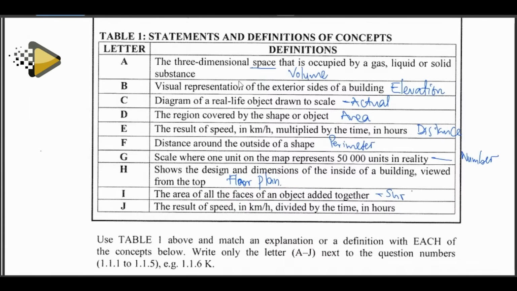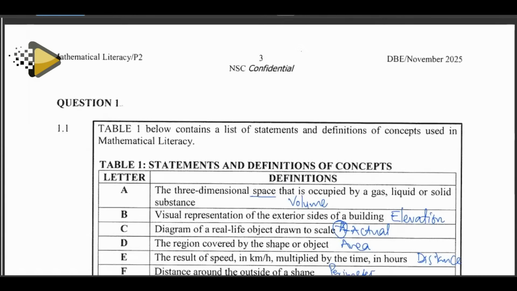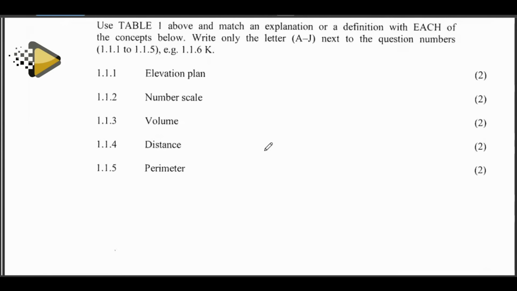Let's come in and start answering our questions there. So this was supposed to be B. We have G, volume A, distance E, and perimeter we said is what?